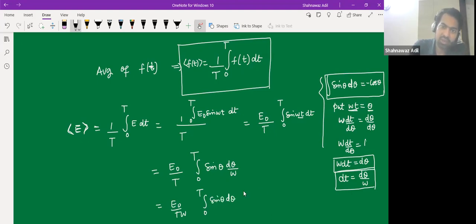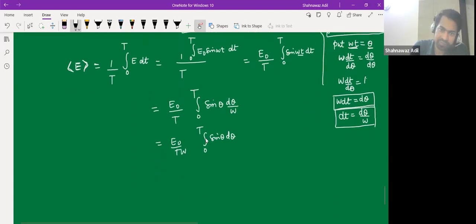Okay, so this is E naught by T omega, and this is minus of cos theta, right? And this is from T to 0. So I can put back the theta value.